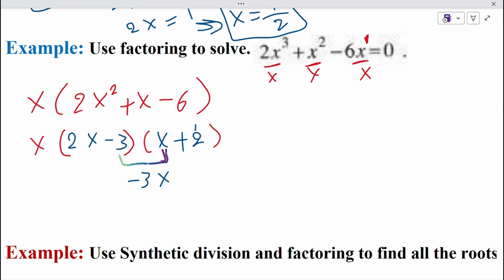Then multiply these two terms together for x: 2 times 2 is equal to 4. So add them. Minus 3 plus 4 is equal to positive 1. Then x, this is equal to positive x. Yeah, of course, it's here. So our factoring is right.